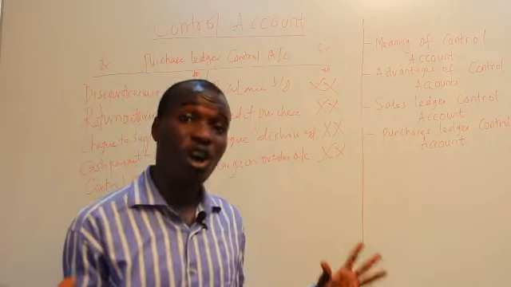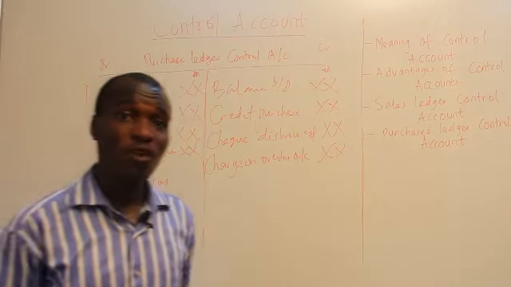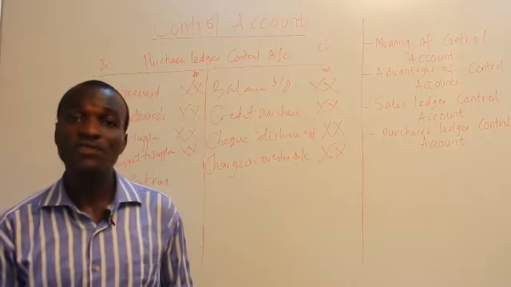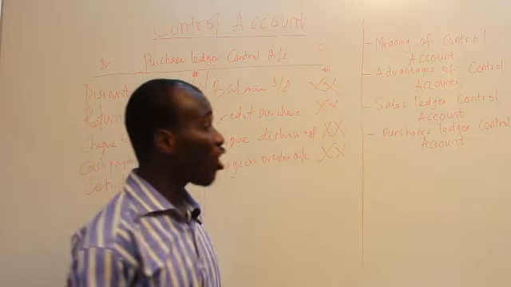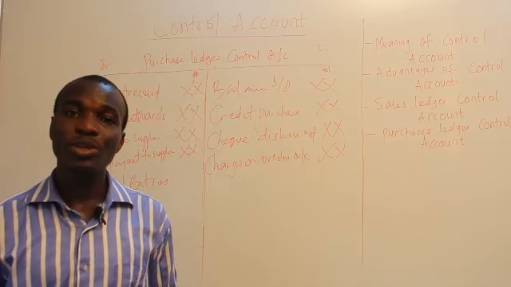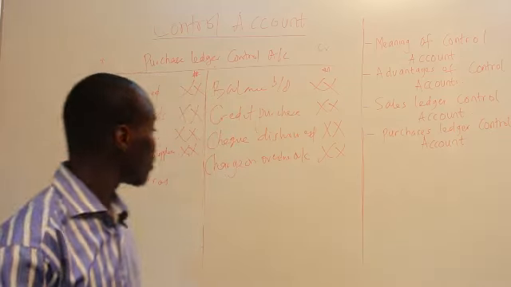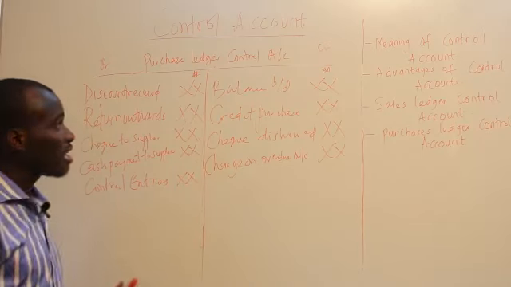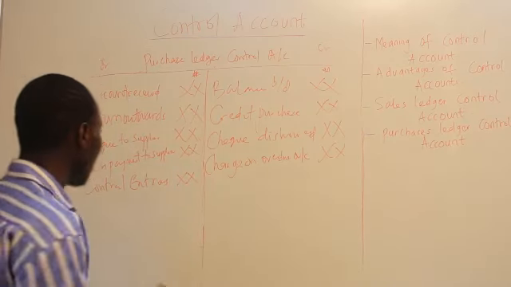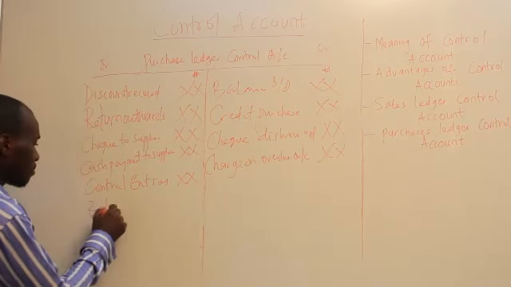So when we have a set-off or contra entry, we credit the sales ledger control account with that figure and also debit the purchase ledger control account with the same figure. So we have the contra entry set-off. Now the next thing is to balance the account, so we are going to have a balance carried down in this place.